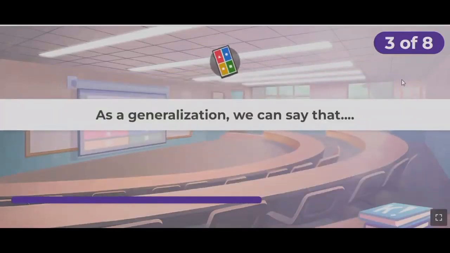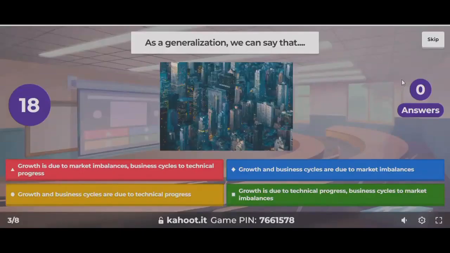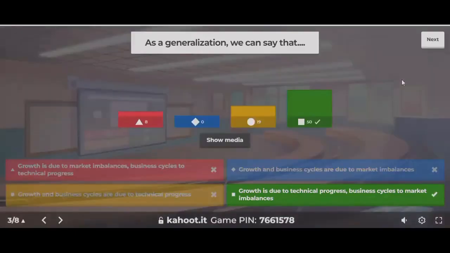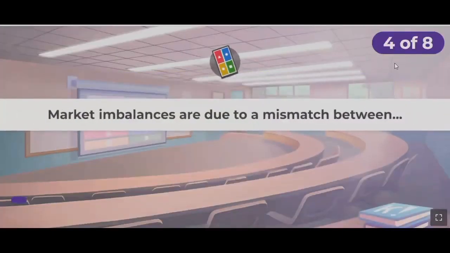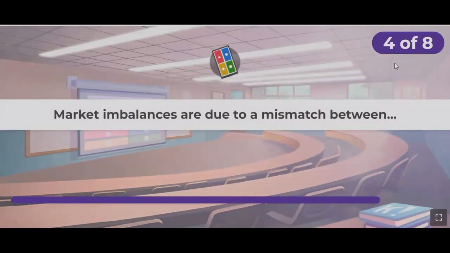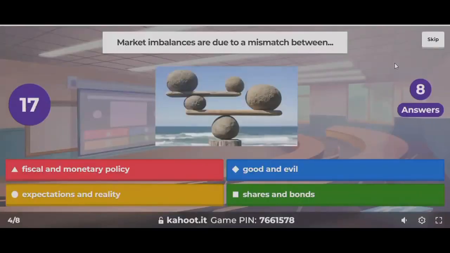Next, as a generalization, what can we say about growth and the business cycle? Of course, the answer is growth is due to technical progress and the business cycle is due to market imbalances. Market imbalances are due to a mismatch between what?